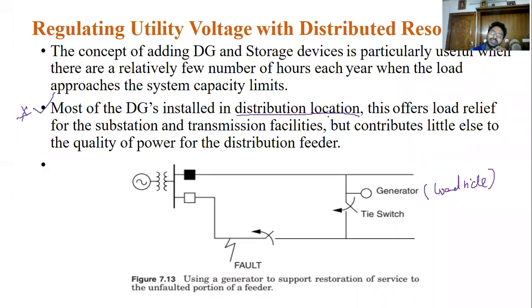That's why you can call them distributed generators. Otherwise, you can call them base loads or other loads. What these distributed generators will do in the distribution feeders is offer us a load relief for the substations and transmission facilities.